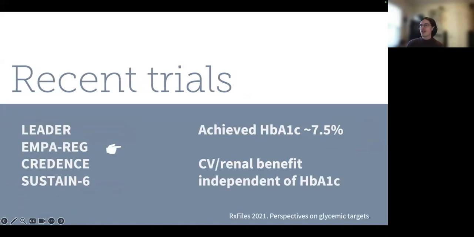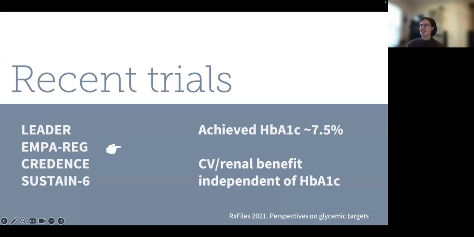Other thing that I just want to mention that raises a lot of questions about the A1C centric focus of treating type 2 diabetes is recent large trials with SGLT2 inhibitors and GLP-1 receptor agonists. So if we look at some of these trials like LEADER or EMPA-REG, you can see that the A1C value that was achieved in the treatment arms of these trials is typically in the range of 7.5 to 8%.